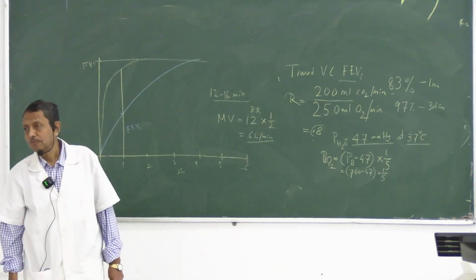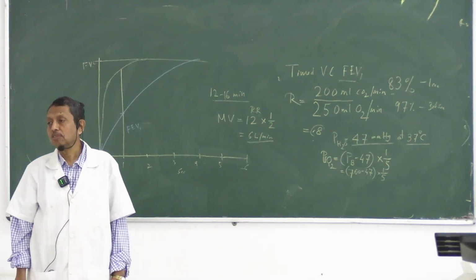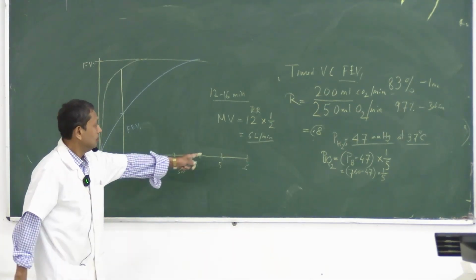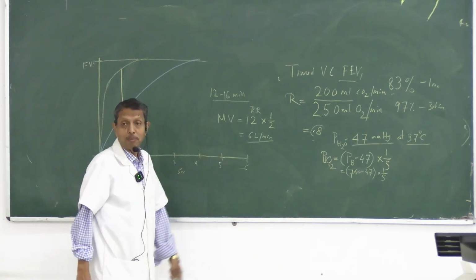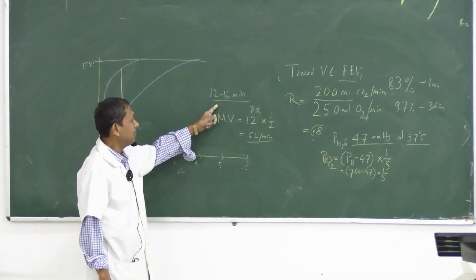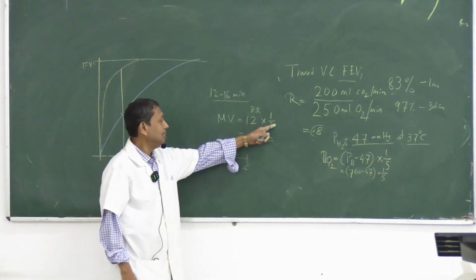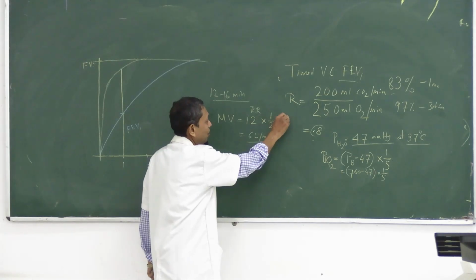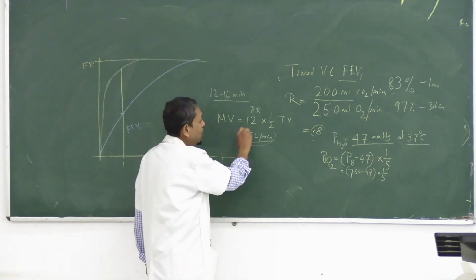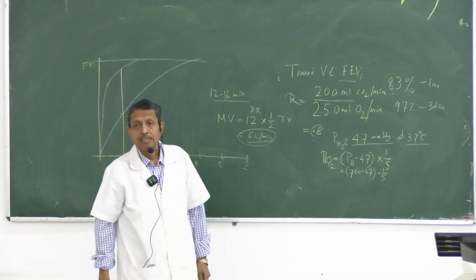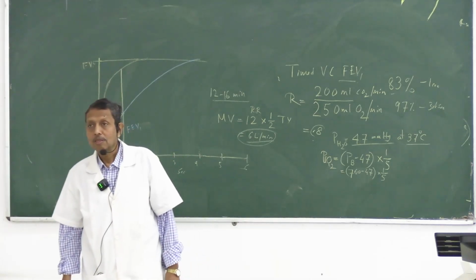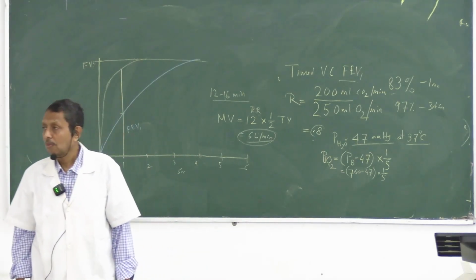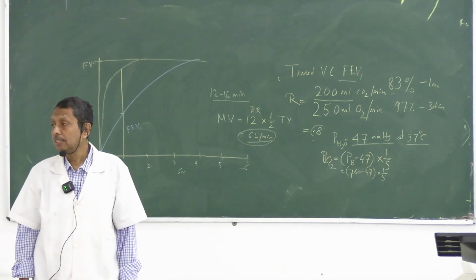Minute ventilation, minute volume or minute ventilation. Respiratory rate is 12 to 16 per minute. You take 12 and the tidal volume, and you get this amount of ventilation in the resting condition. But during exercise, it may increase.